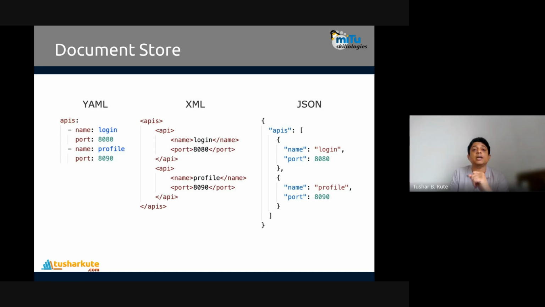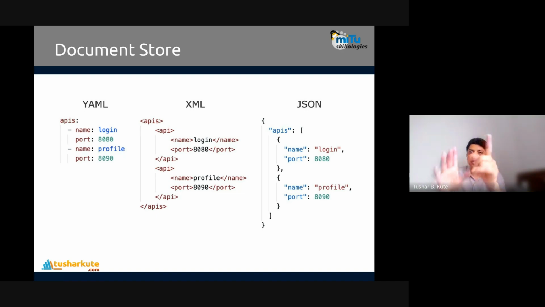But the advantage here is that it is not compulsory to have name and port every time. One may have only name and no port, or we may have name, port, and operation. Three things are there, and that is also possible. Anything is possible. A document store can contain any of these dynamically; they need not have the same data present in it.